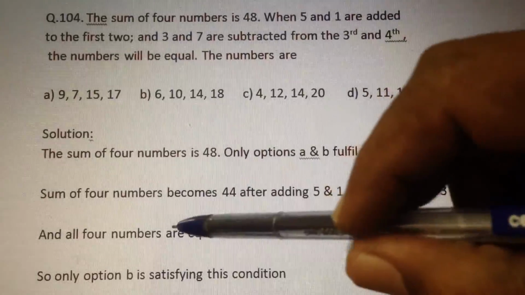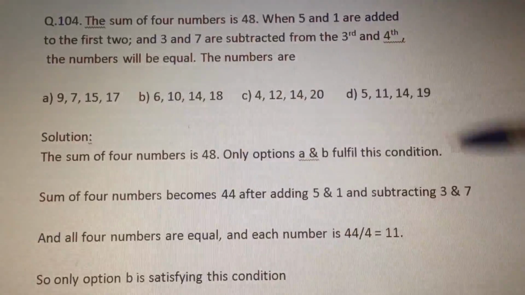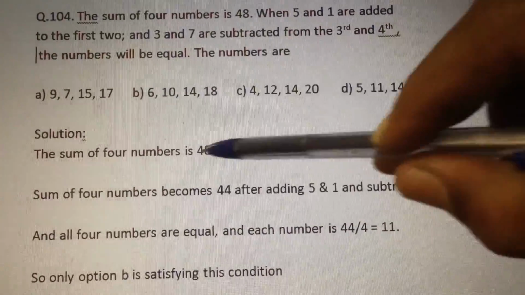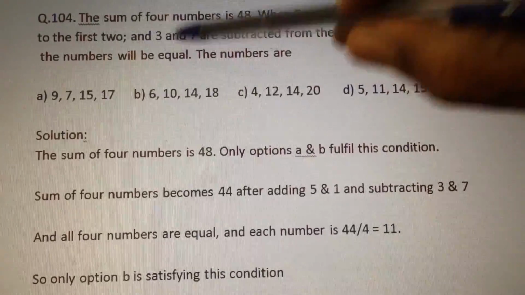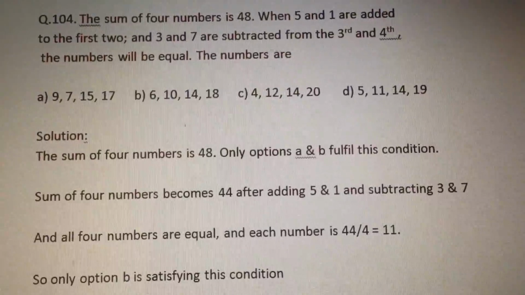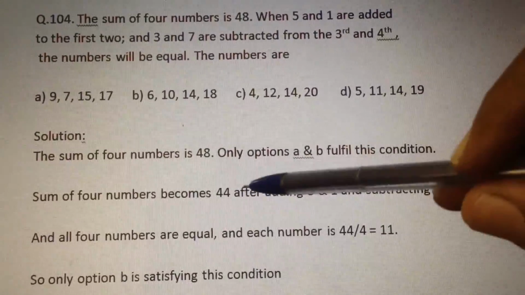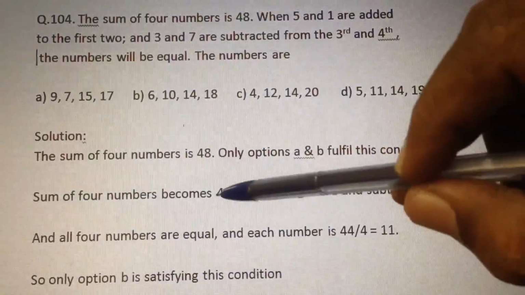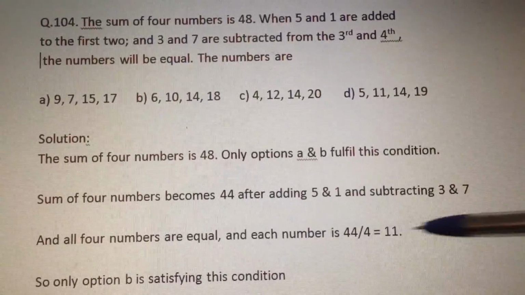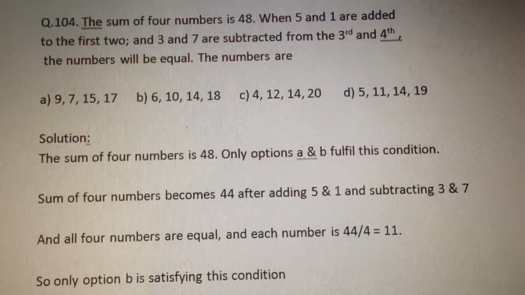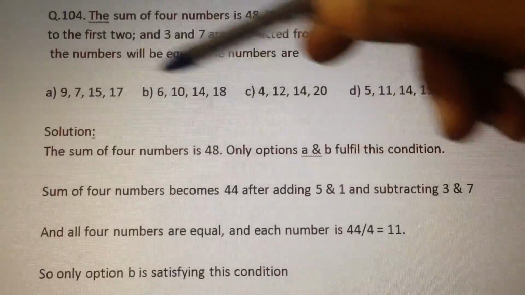What is the sum of 4 numbers? 48 plus 5 plus 1 minus 3 minus 7. That becomes 44. Sum becomes 44 and each number becomes 44 by 4, which is equal to 11. Now let us see these options.